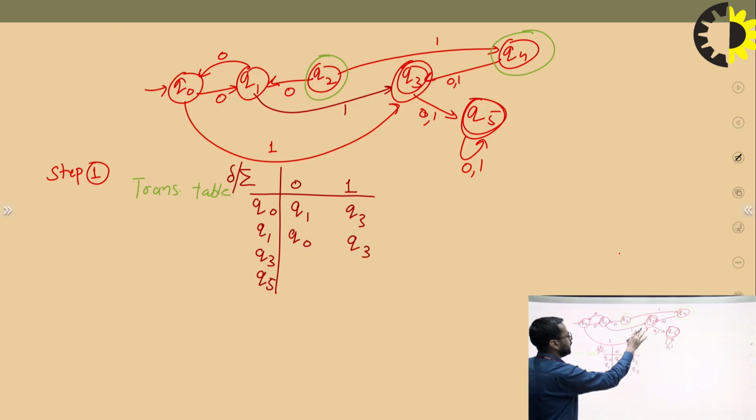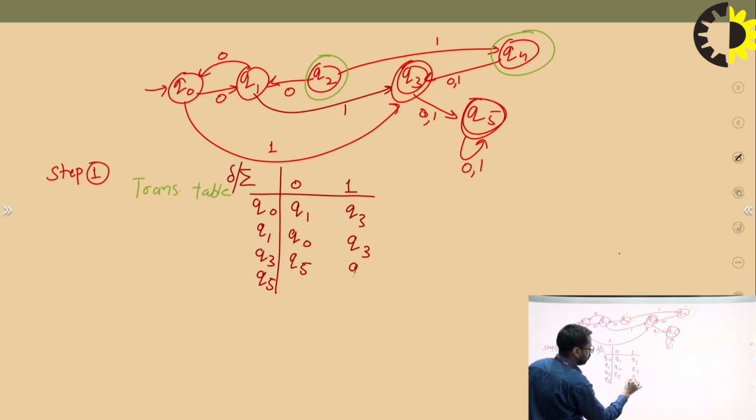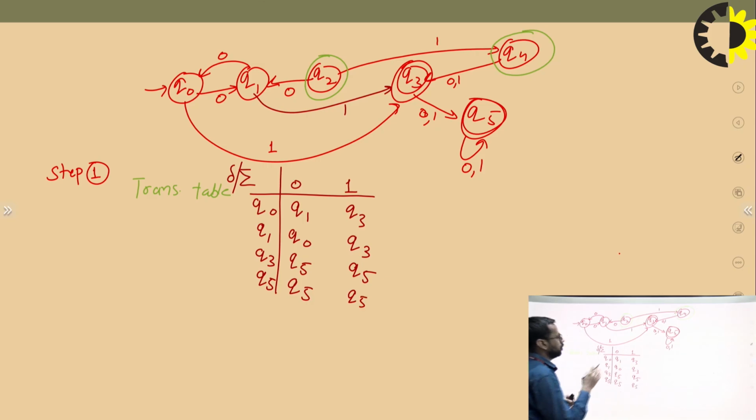For Q3, it goes to Q5 after applying both input symbols 0 and 1. For Q5, it stays at Q5. So this is not a very large model. It is a very common question and not so complex for understanding purposes.